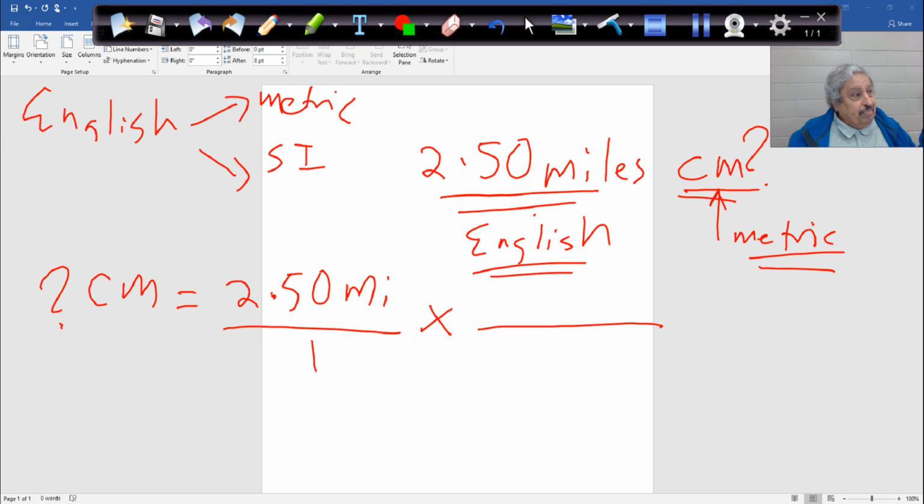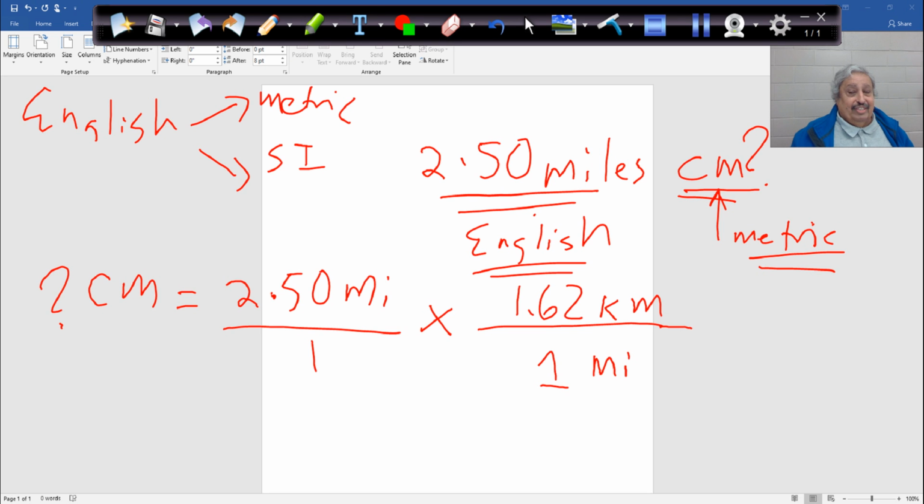We have a basic unit for each. So I put 1 mile, then I have to put 1.62 kilometers. Correct, guys? Are you following what I'm doing?